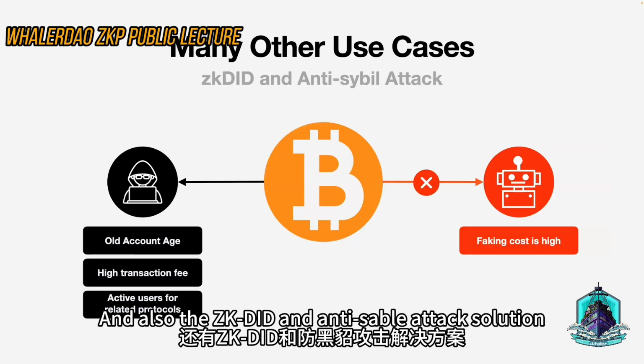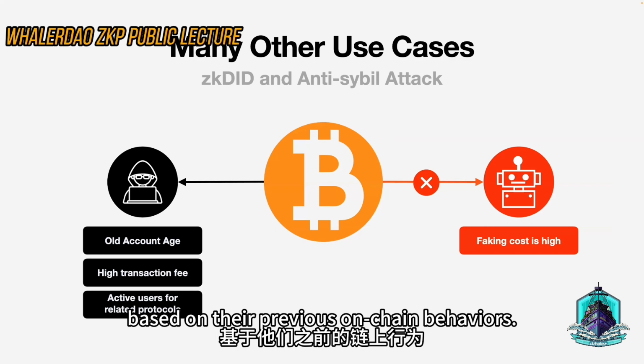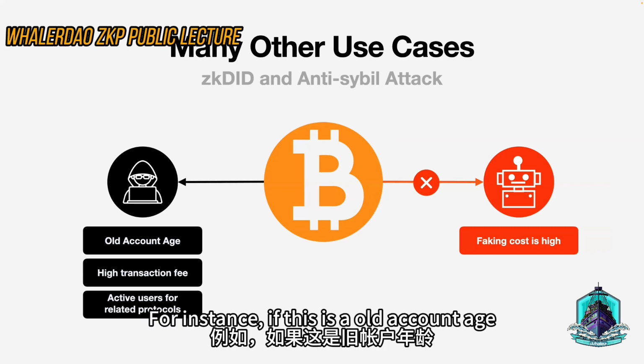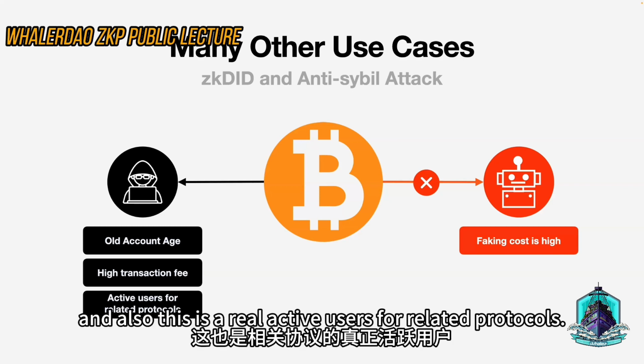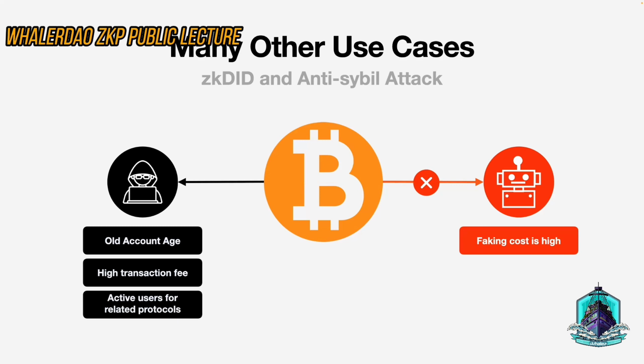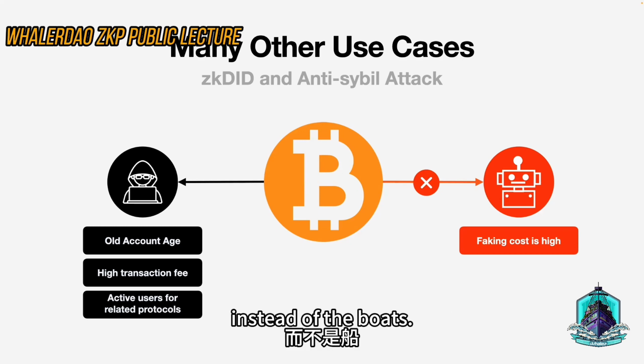And also the ZK DID and anti-Sybil attack solution by generating ZK proofs of users' identities based on their previous on-chain behaviors. For instance, if this is an old account with really high transaction fees, and also this is a really active user for related protocols. In this way, we recognize the real users instead of the bots.